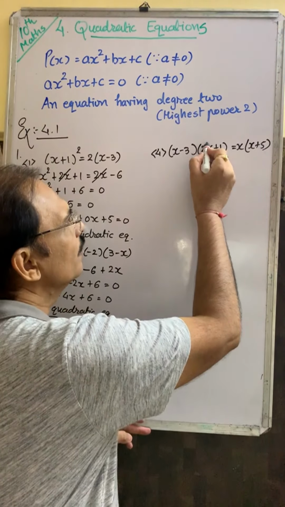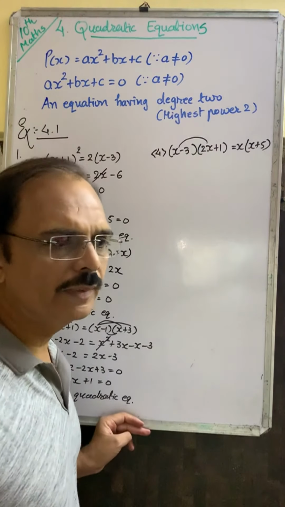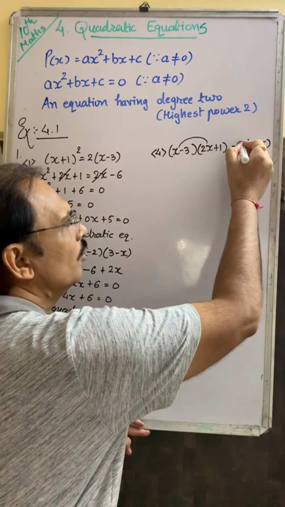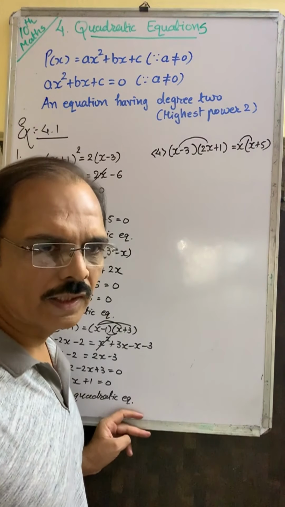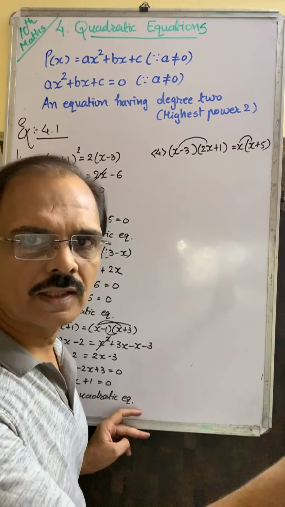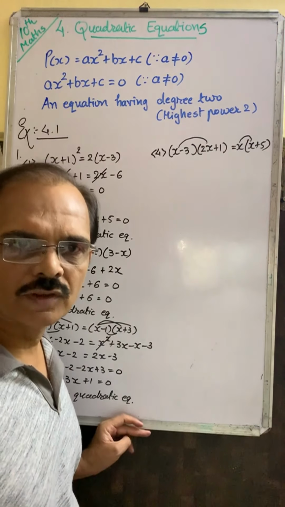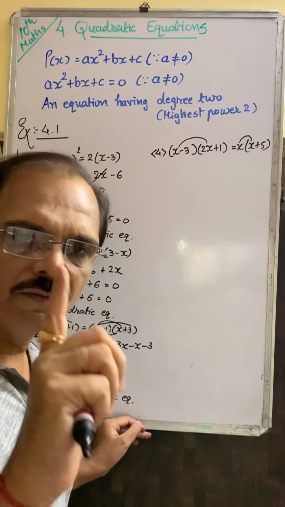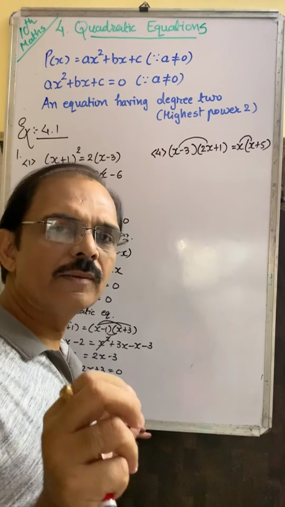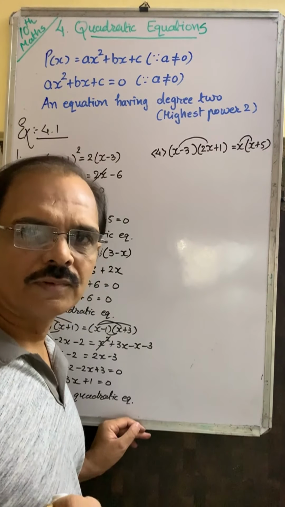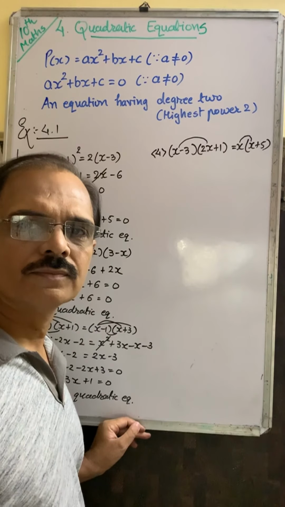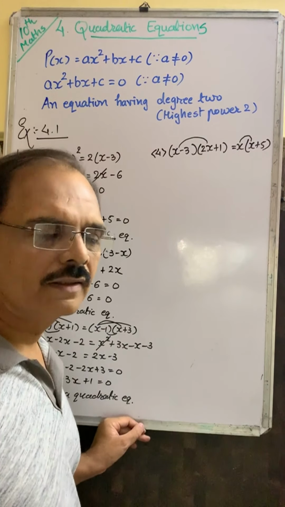For example, if you open this, then 2x into x will be 2x². When you open this, x into x, x². Left side 2x², right side x². If you take +x² to this side, it will be -x². So 2x² - x² will be 1x². So 1x² remains. That means it is a quadratic equation.